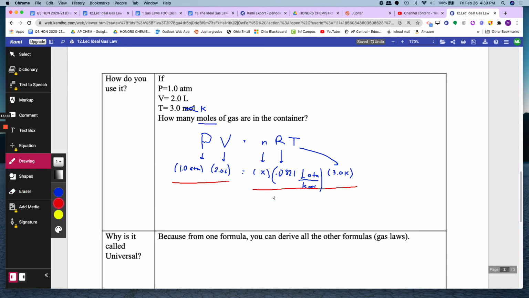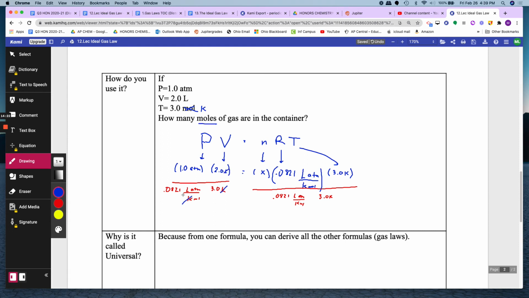Okay, so you're dividing by 0.0821 L·ATM/K·mol and 3.0 K. Divide that on the side. Okay, so notice this K unit cancels with this unit.